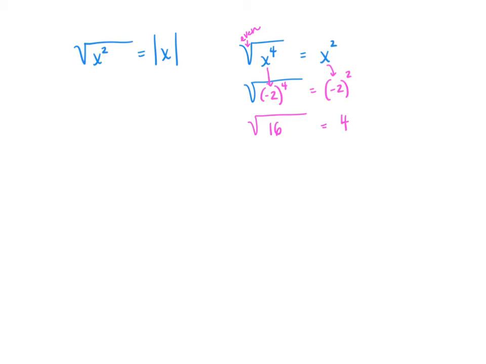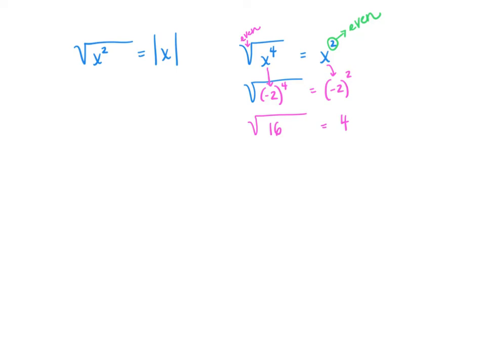So even though this is an even root, when the exponent in your answer is even, the absolute value is not necessary because x squared, no matter what the number is, it's always going to be positive. So whether you put the absolute value there or not, it's not necessary with that particular even root.